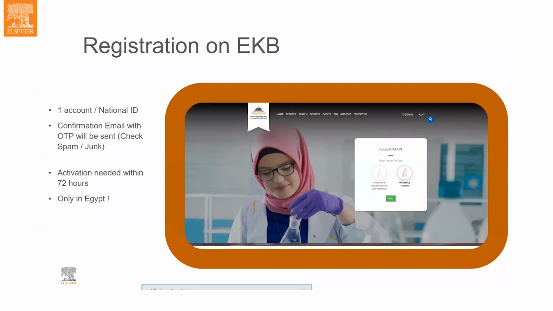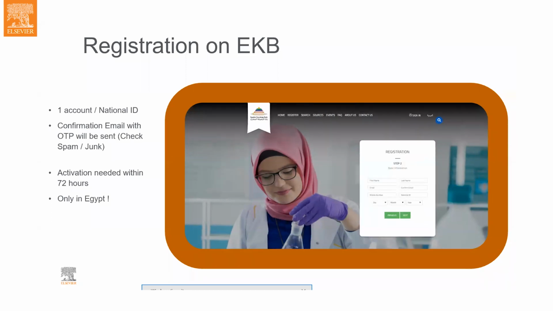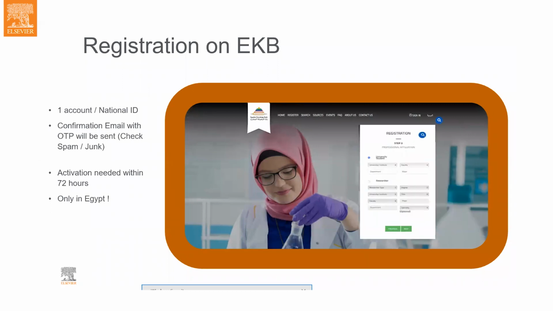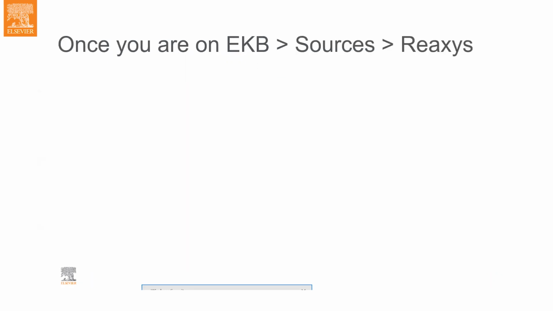If I'm connected to the IP and I select a research center member, then I'll be taken to the next step, or for university students, it should be easier. The next step is to enter your personal details. Next, you would have to insert your professional affiliation, whether you are a student or a researcher, and clicking on next should take you to ekb.eg. If you already have an account, you could just sign in directly.